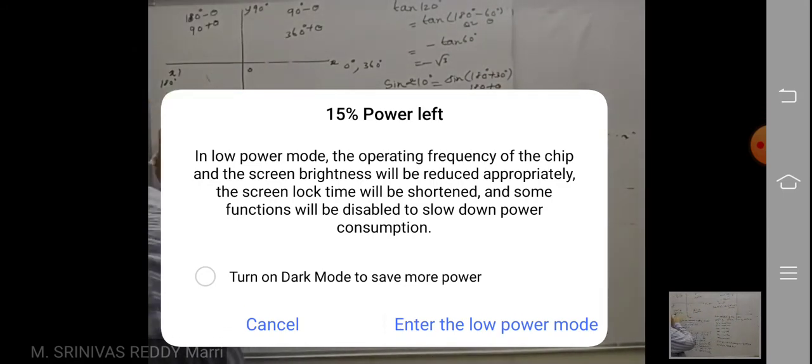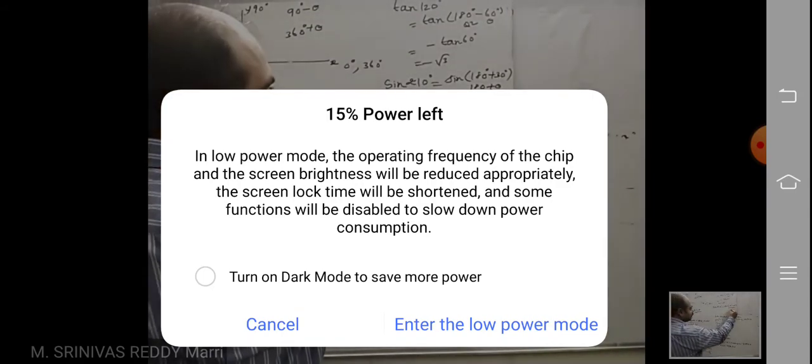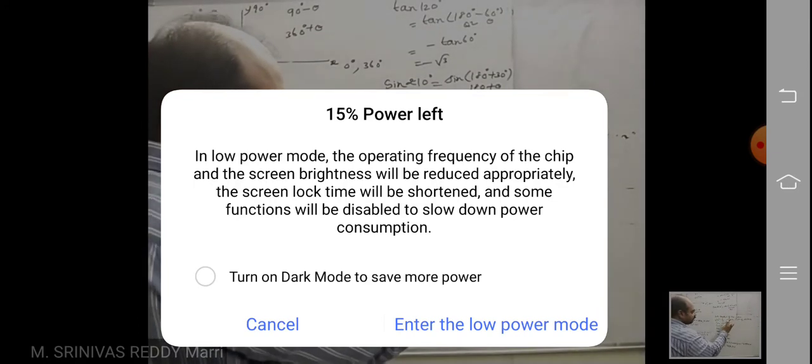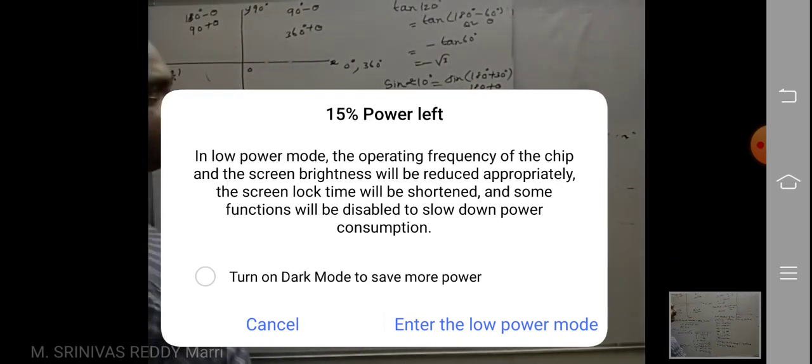Which quadrant? Quadrant 3. Now 180 plus theta means sine, you write sine theta first, where theta is 30 degrees. Now in quadrant 3, sine is negative. You write minus sine theta.